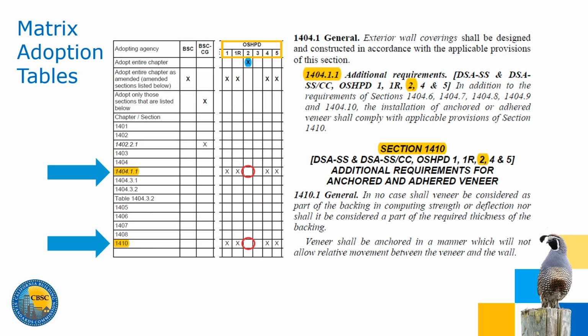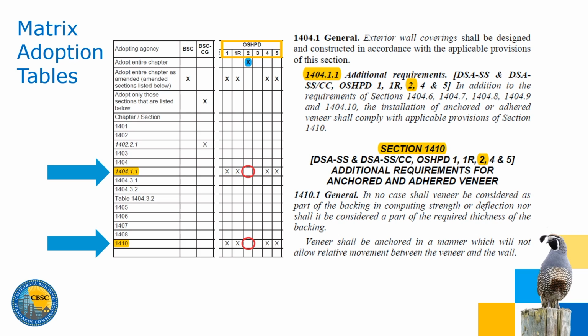Finally, we recognize that sometimes an error may be accidentally published in a matrix adoption table. As an example, let's check the same Chapter 14 MAT, but from the 2019 California Building Code, and look at ASHPAT 2 application.